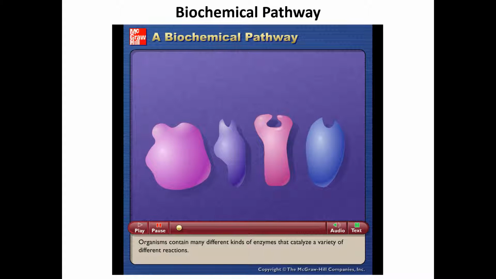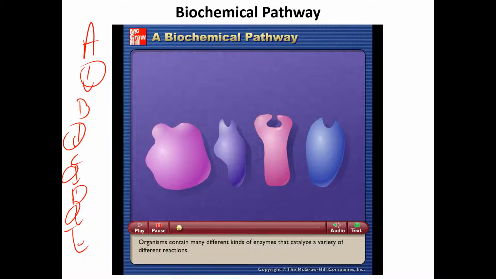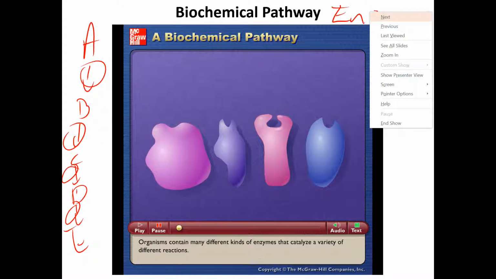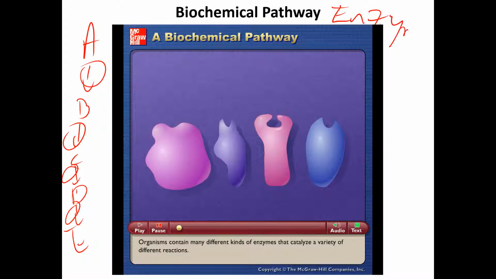So you go from A to B, B to C, C to D, D to E, and so on, and each step in the process requires the use of a specific enzyme. Each enzyme is only going to target one of these reactions.